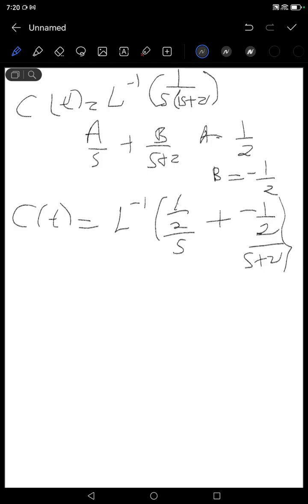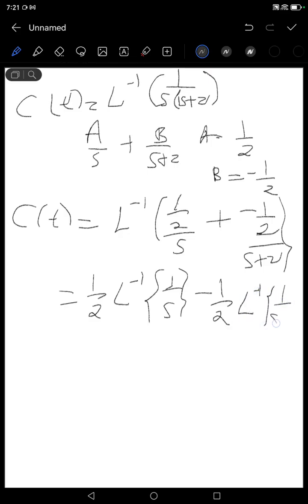We're going to have 1 over 2 times the inverse Laplace of 1 over s, which we can check on our table, and negative 1 over 2 times the inverse Laplace of 1 over s plus 2.